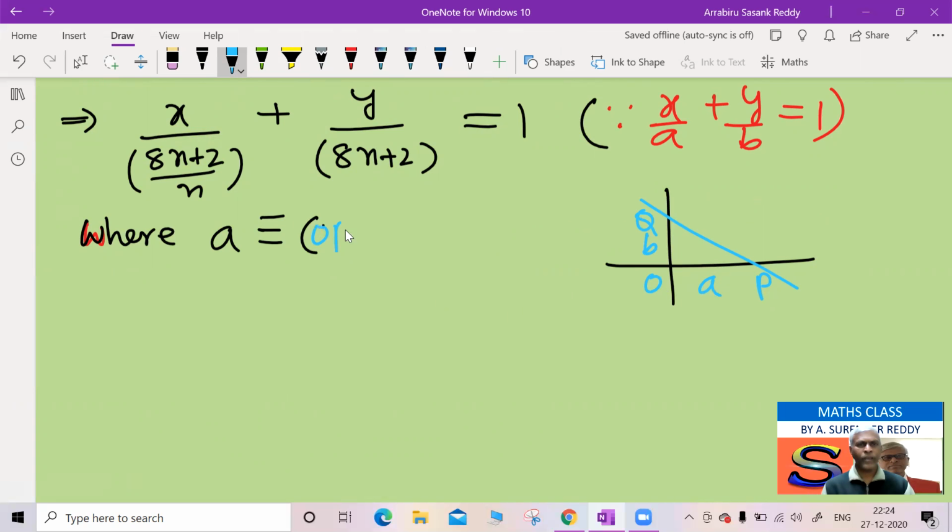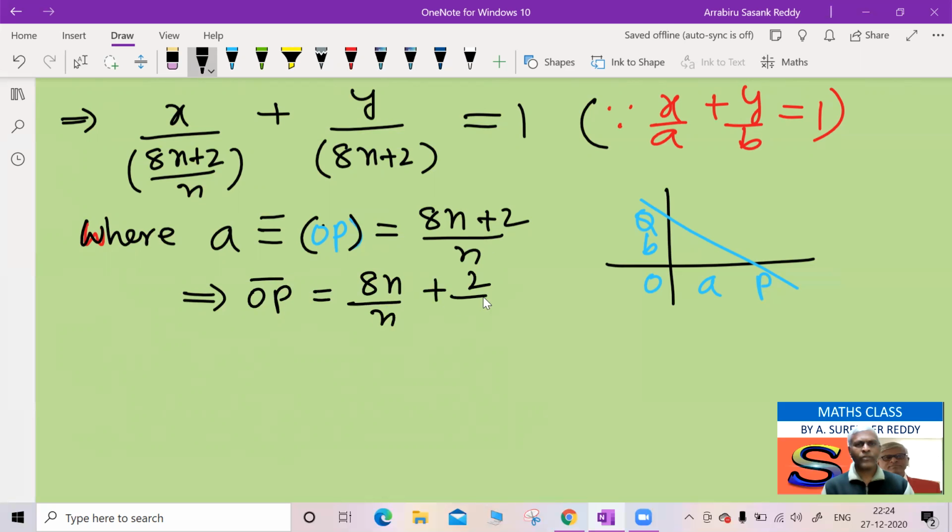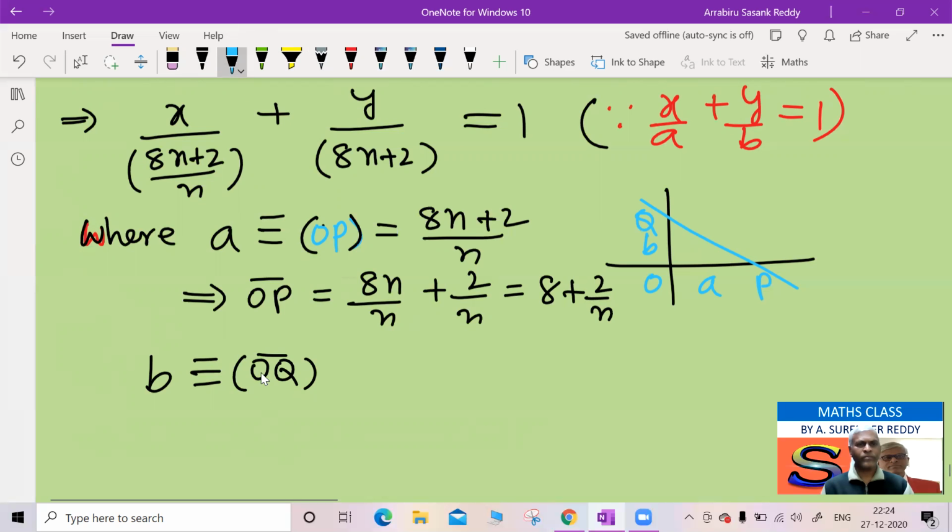So OP is 8n plus 2 by n. So that is OP value 8n by n and 2 by n, that is n will get cancelled, 8 plus 2 by n. And the b value, that is OQ. So this is the b value.